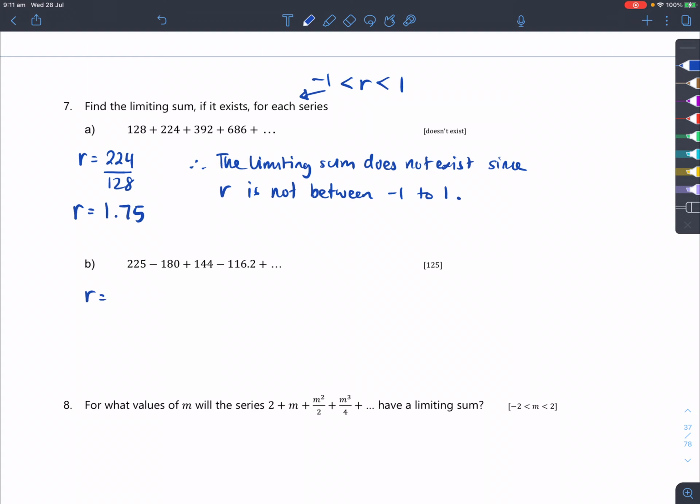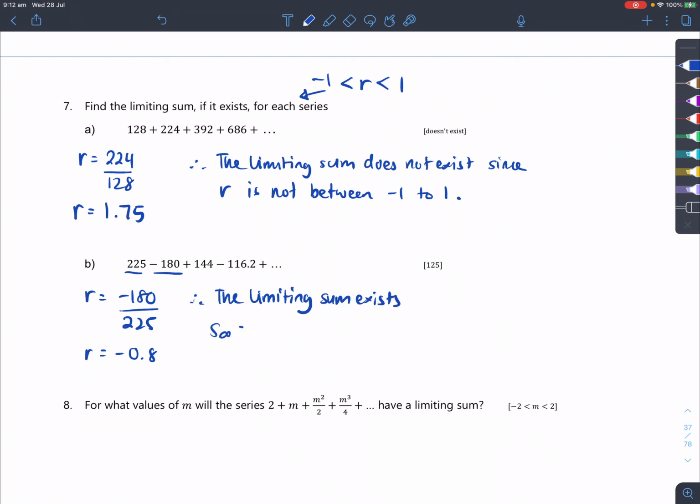The ratio in this case is the second term divided by the first term, negative 180 over 225, and negative 180 divided by 225 is negative 0.8. So the limiting sum exists, since it's between negative 1 and 1.